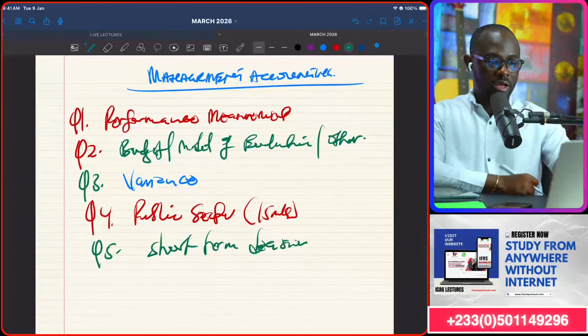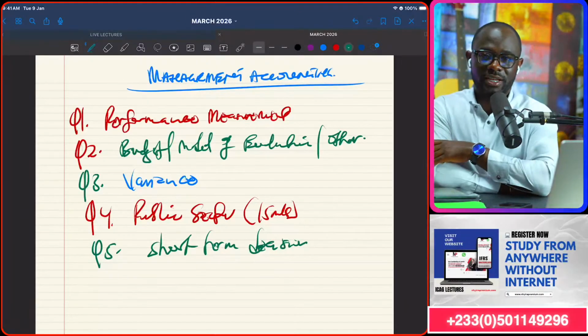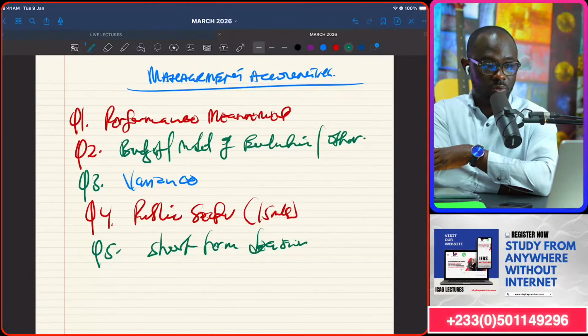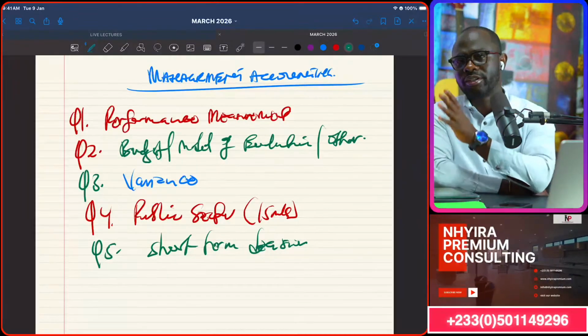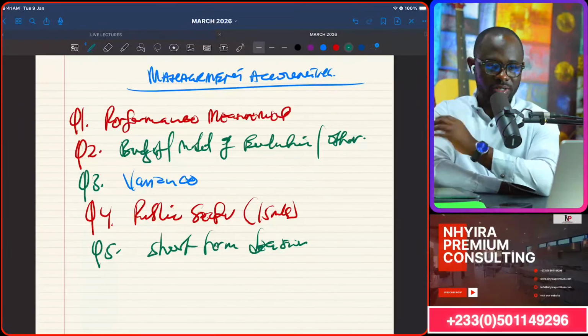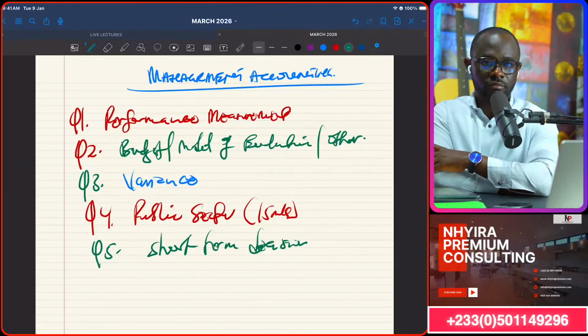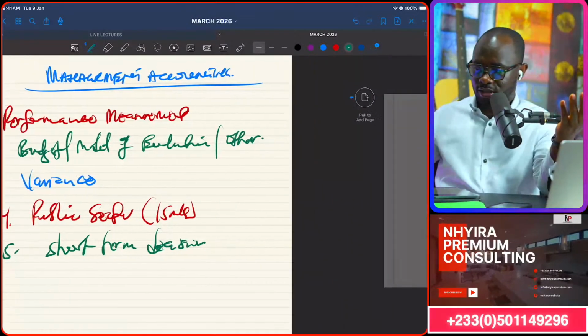So when it comes to management accounting also, these are the things we must understand. Okay. So the question we have to ask ourselves is, what are the key issues? What are the thematic areas that we need to be mindful of to put us in that position so we can pass the management accounting examination?